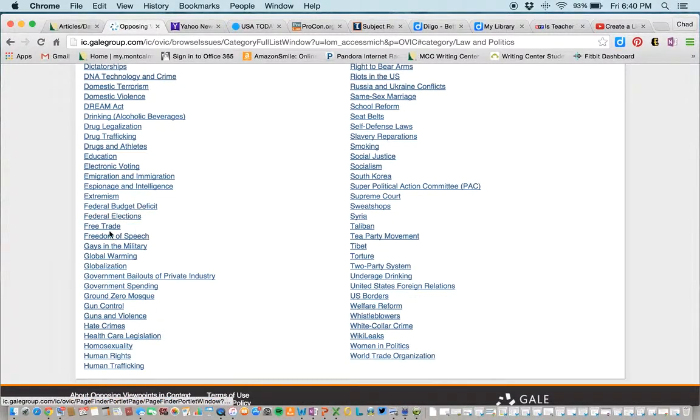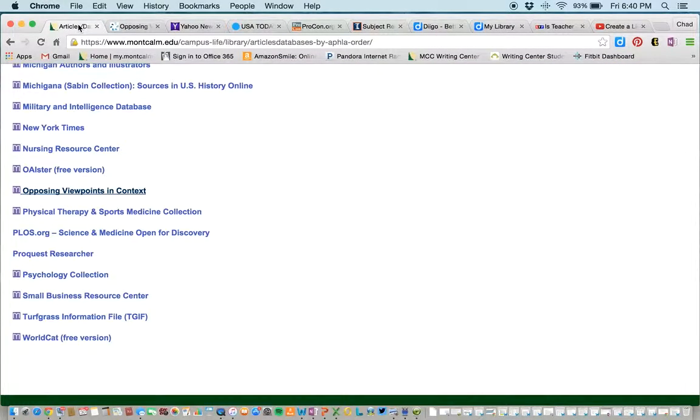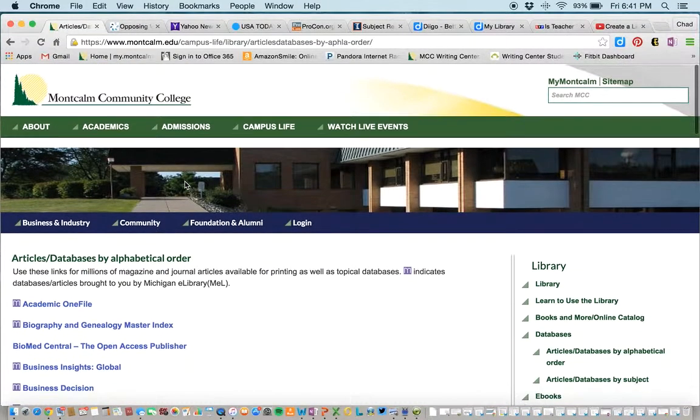But this is a good place to get started in terms of just thinking about broad topics, and then from there you have to do the work of narrowing it down and trying to make it more manageable for our purposes for this paper. Okay, so again, that was Opposing Viewpoints in Context, and you can access that for free through the MCC databases right here from the MCC Library's homepage.